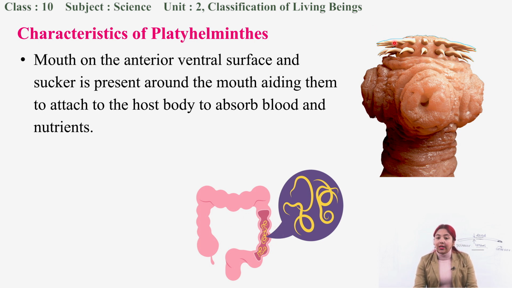Now, this hook-like structure helps in attaching to the intestinal wall very strongly, because whenever there are bowel movements, the tapeworm should attach itself very firmly so that it will not detach from the intestine and come out with the fecal matter. So for that reason, this hook-like structure is present, so it can anchor itself very strongly in the intestine.